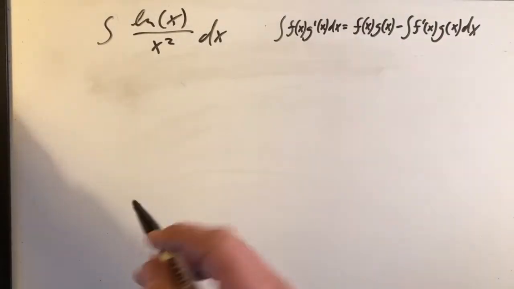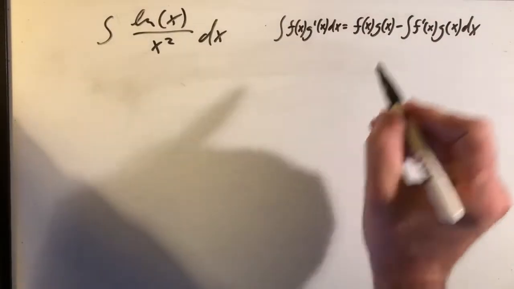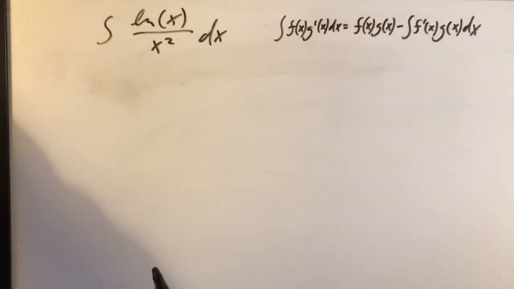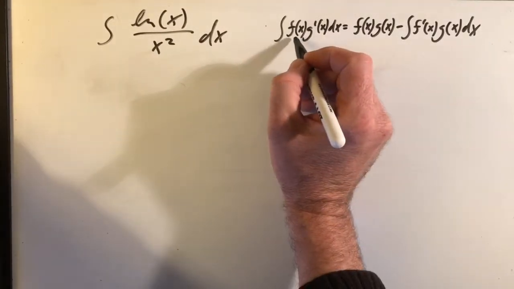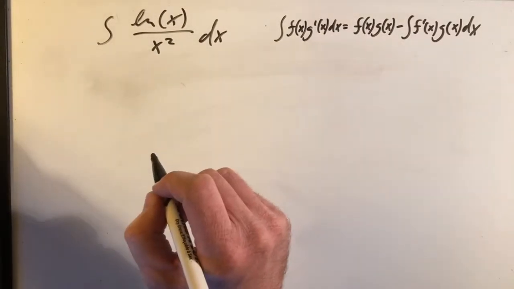Part 1 of the video explains where that came from, but this is the heart of integration by parts. So the challenge here is, can we select our f of x and our g of x well?